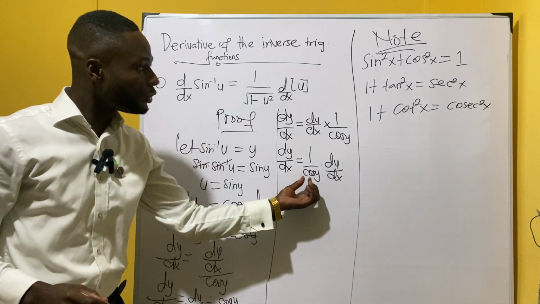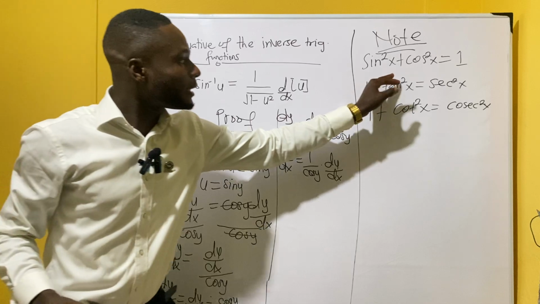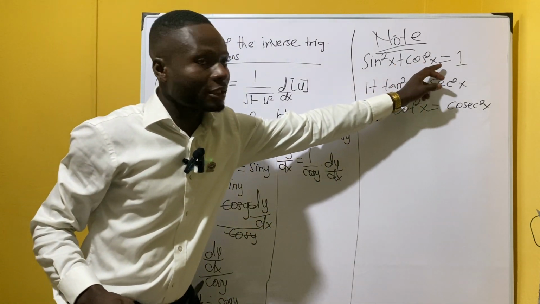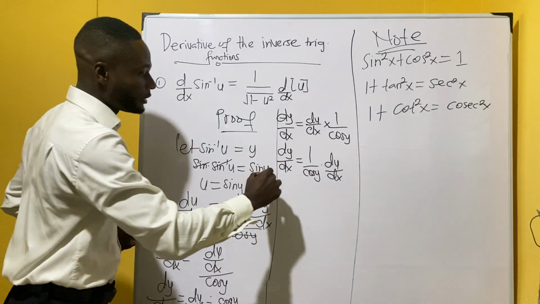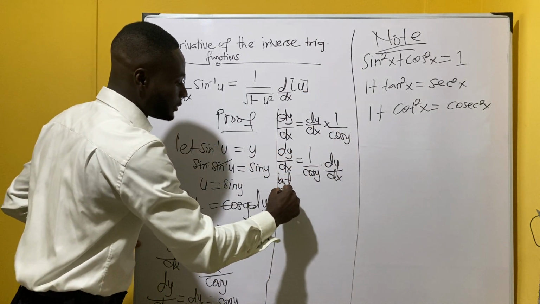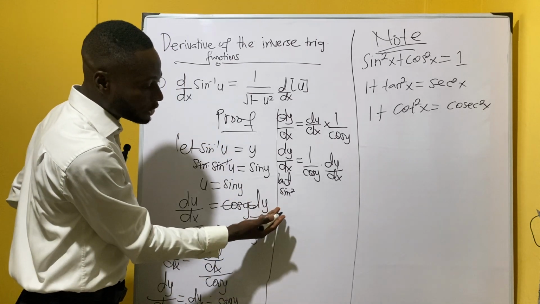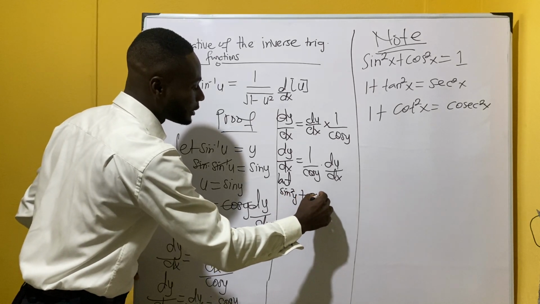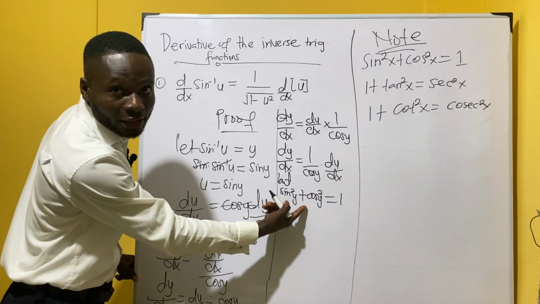So we look for a function that we can replace the cos with. When we look at this identity, we have sine squared x plus cos squared x equals 1. So we do that substitution here, but this time we are using the variable y. So we say sine squared y plus cos squared y should be equal to 1. We are interested in the cos, right?